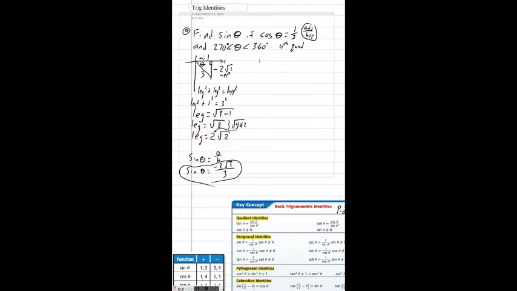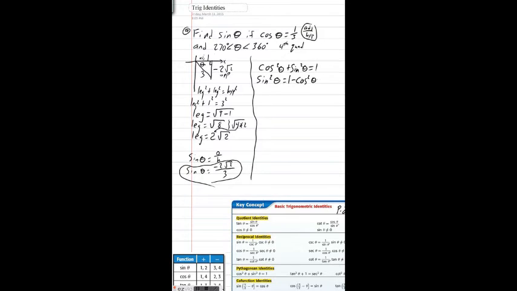Here's the second way of doing it: cosine squared of theta plus sine squared of theta is equal to 1. Since I'm solving for sine, I'm going to get rid of cosine. So sine squared of theta is equal to 1 minus cosine squared of theta.